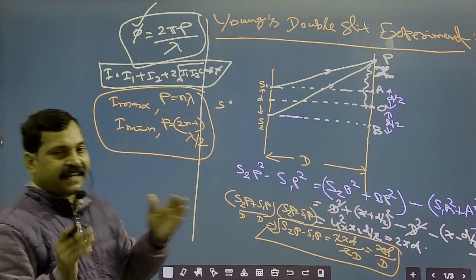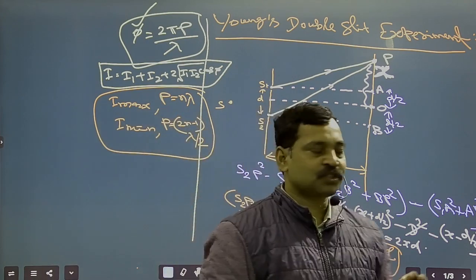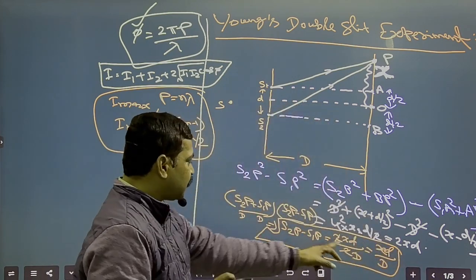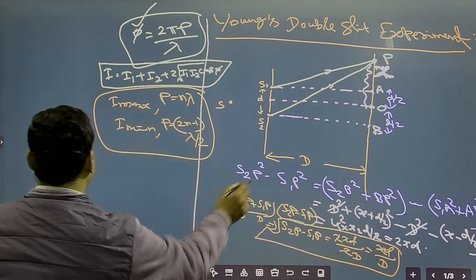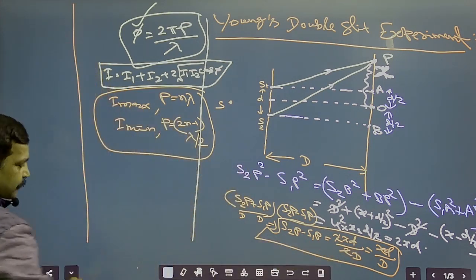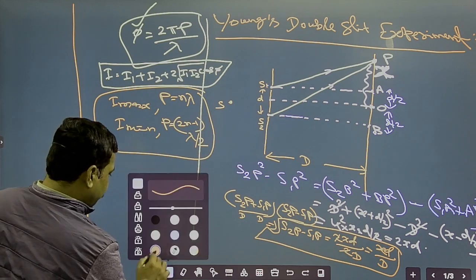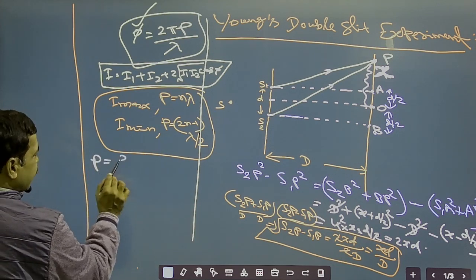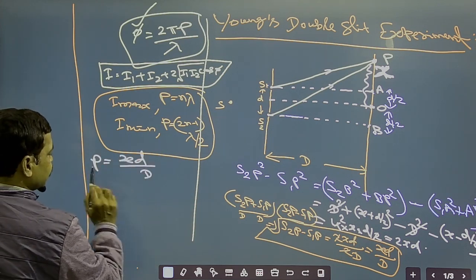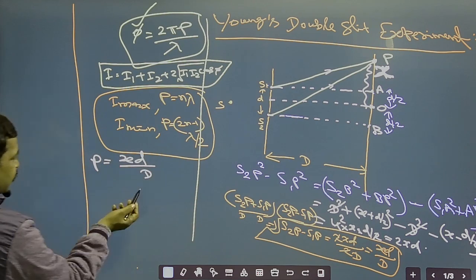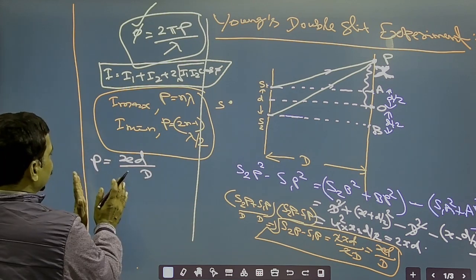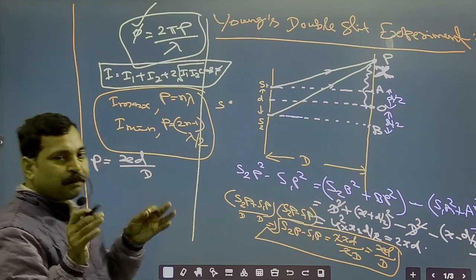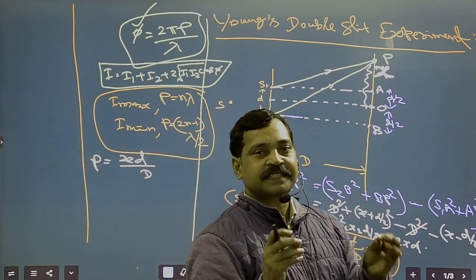So this is a very easy derivation. Here we get the path difference as xd upon D. Now suppose we want to find the points of bright fringes, where the intensity is maximum.